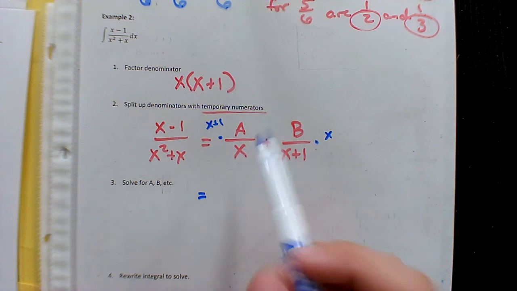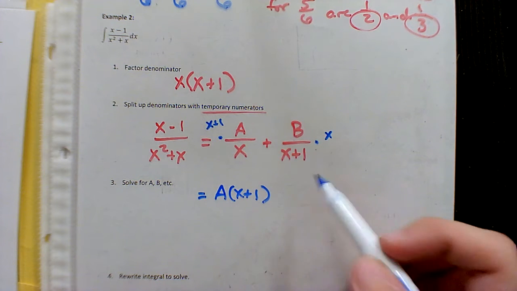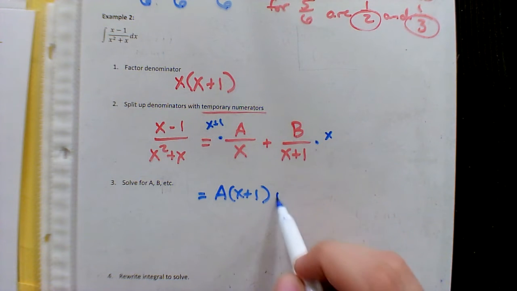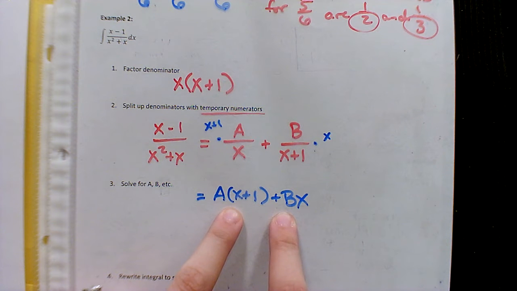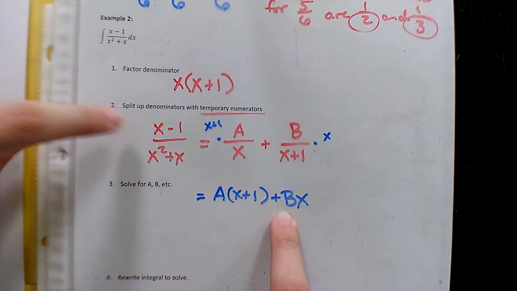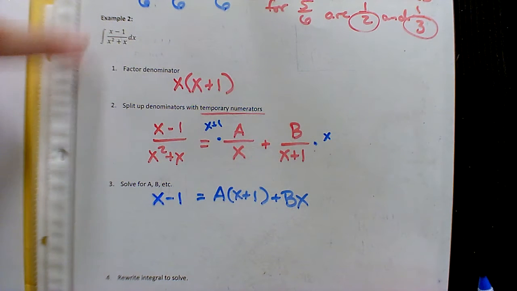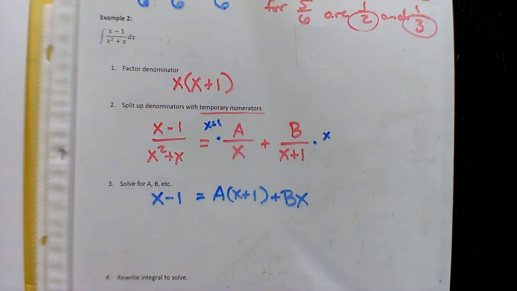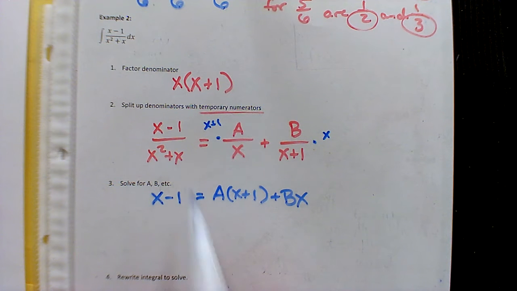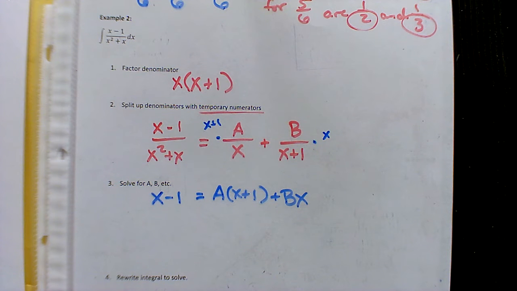So if you can imagine taking a times x plus 1 and b times x and adding those together, those numerators would eventually result in the x minus 1 numerator we had from the very beginning. We're not really concerned with the denominators because we know those would all eventually be common. They would be the x squared plus x denominator we had from the beginning example.